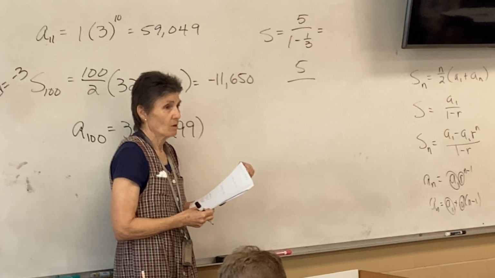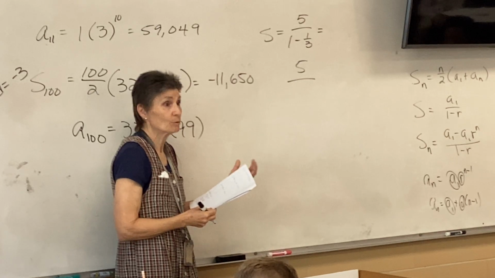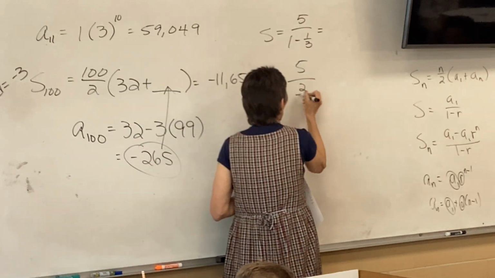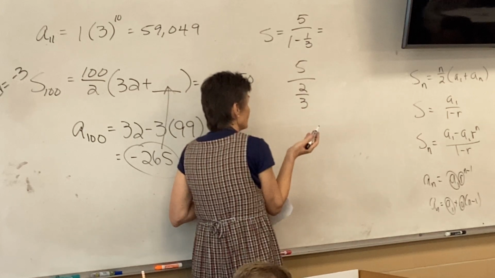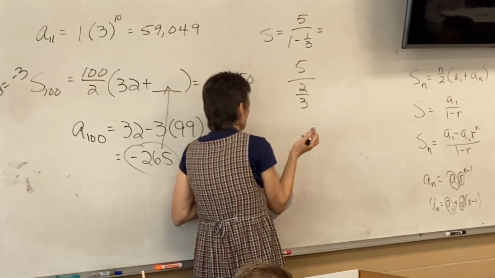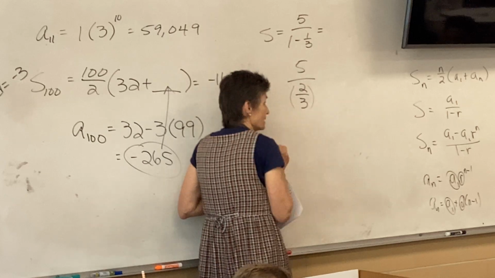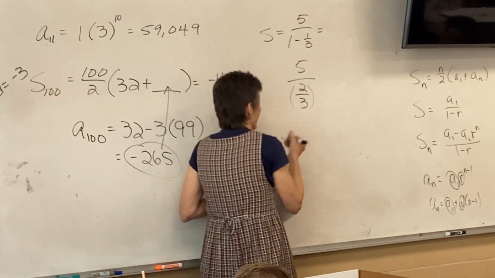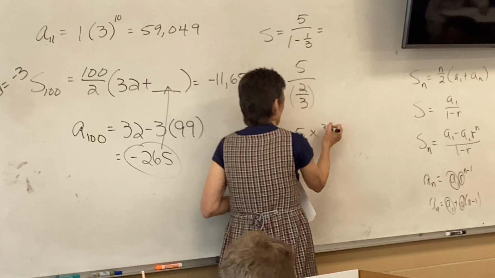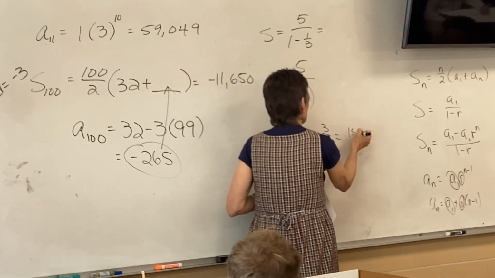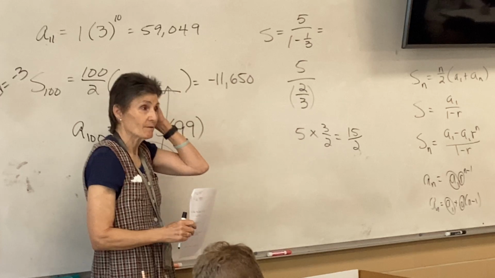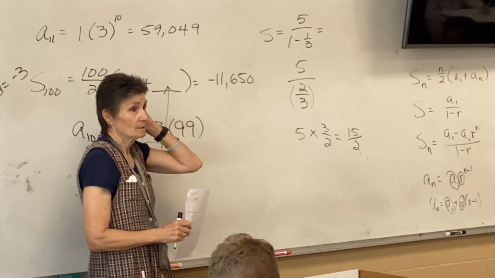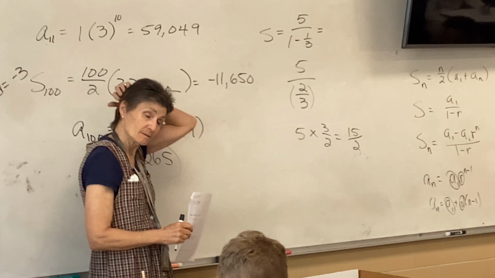I can't round off. So 2/3. Now if you type that into your calculator, it's fine, but make sure that's in parentheses. I'm gonna go ahead and multiply by the reciprocal, so you should get 7.5 or 15/2 as your answer. Make sure you can get that.